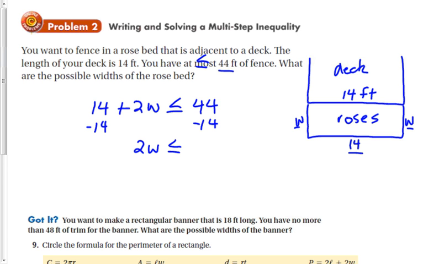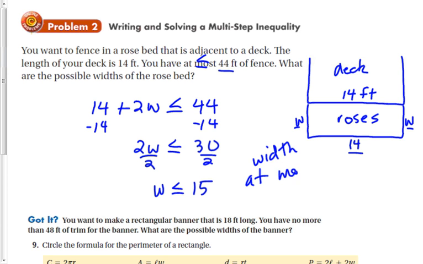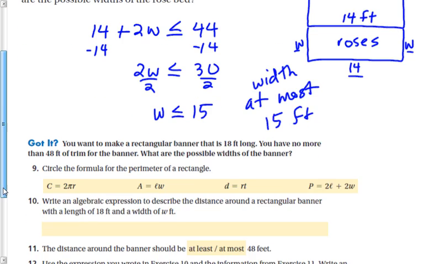And that gives us my 2 widths must be less than or equal to 30. Dividing by 2 tells me that my widths must be less than or equal to 15 each width. So we're going to say my width is at most 15 feet. All right, I'll let you try that.